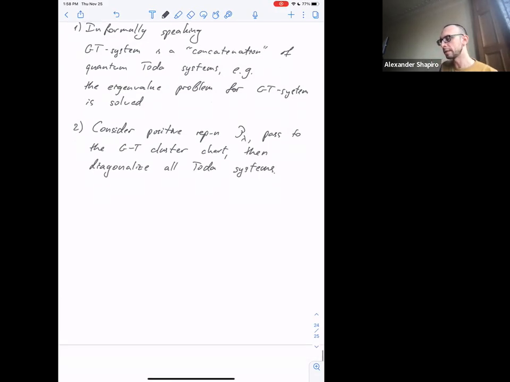Each time we diagonalize a Toda system, we get a unitary equivalence between two different representations.